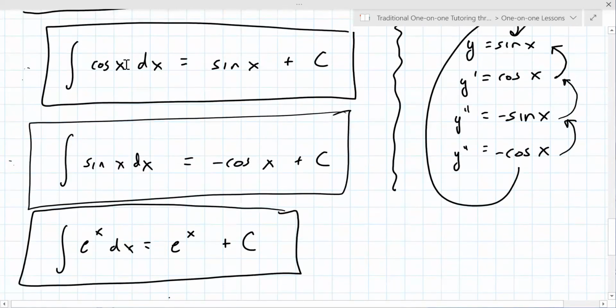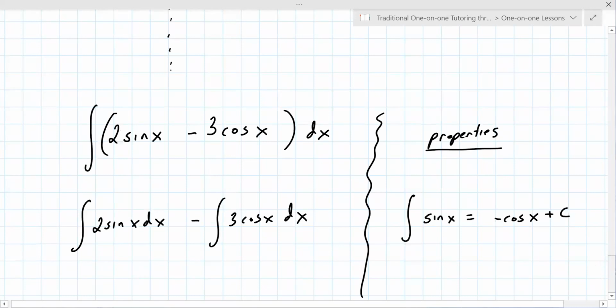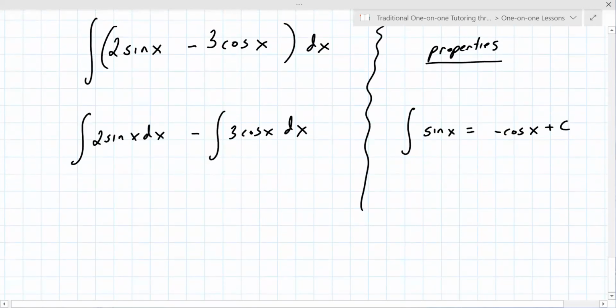Right up here, the second one. The integral of sine x is minus cosine x. So the sine x becomes minus cosine x, and the 2 comes down, so it becomes minus 2 cosine x.